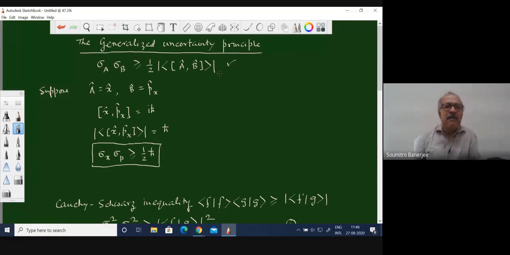Similarly, there can be other variables in quantum mechanics which will have this uncertainty. Okay, well, I'll stop here. Expect questions from you, because this was a bit longish, but the derivation was not difficult. The steps were very clear, but a bit longish.